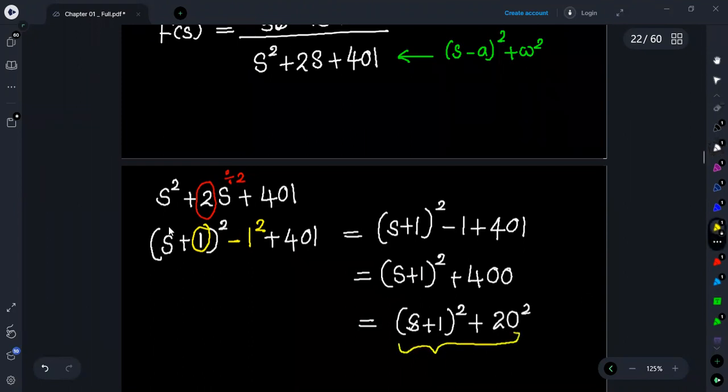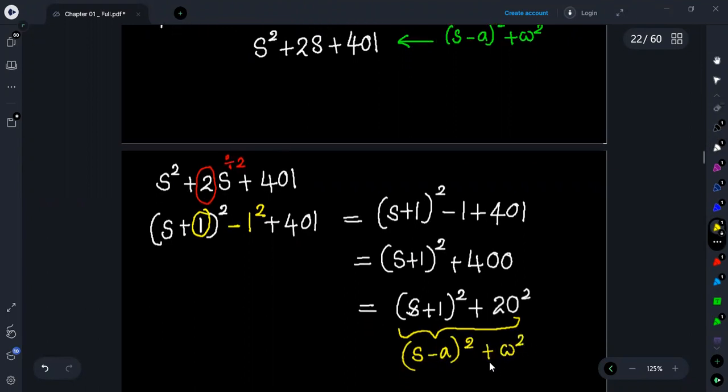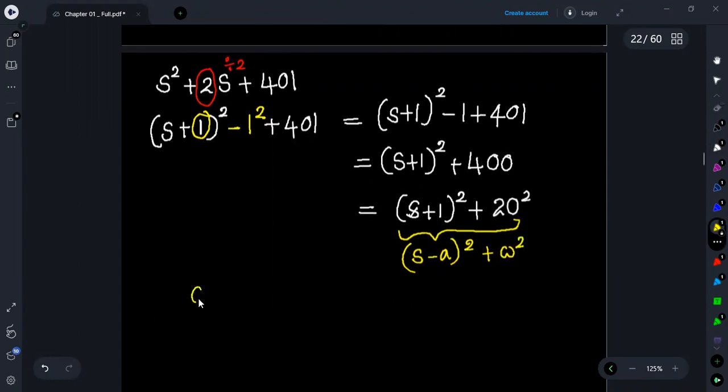We have converted this expression into the form of s minus a to the power 2 plus omega squared. Here we can identify, if we compare these two expressions, that a is equal to minus 1 and omega is equal to 20.